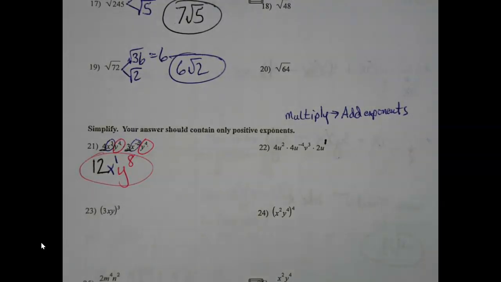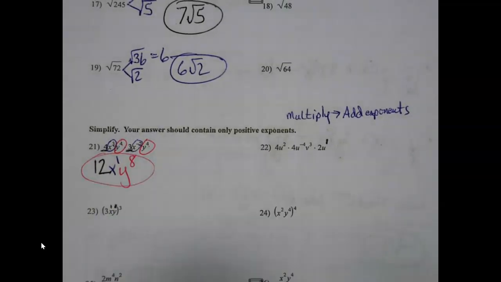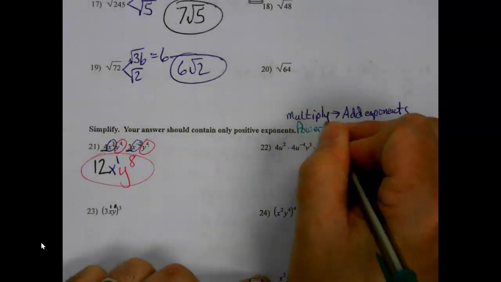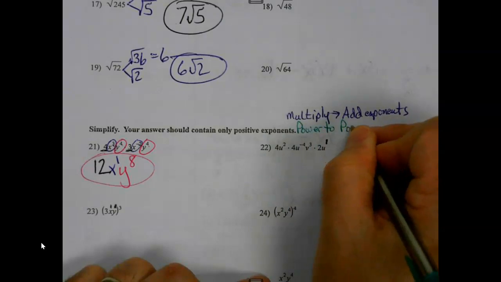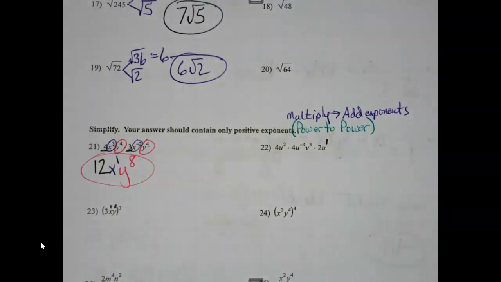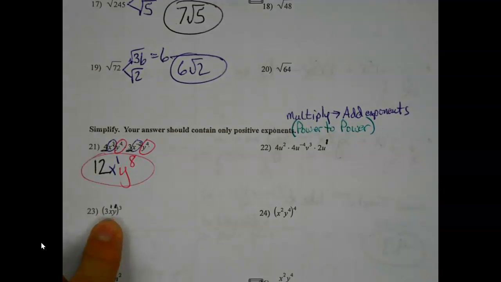Okay? If we go power to power, let's change colors here. And again, I'm just jotting this stuff down. I put the parentheses around it because it reminds me there's an exponent out there.